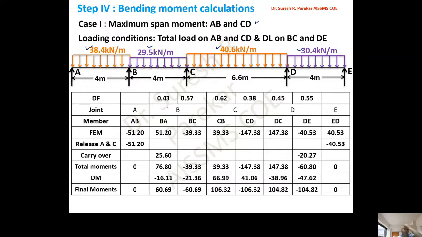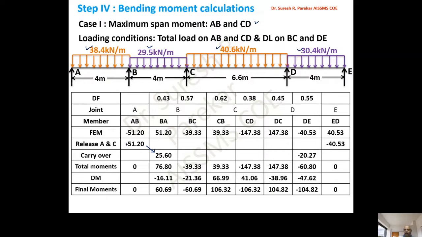So we have distribution factors 0.53, 0.57. As we have seen, we have joint B, joint C, joint D, and then we have E. So we have to release support A and E because these are simple supports, and therefore we have this as minus 51.20. So this should be plus 51.20, and half we have transferred on this, 25.60.